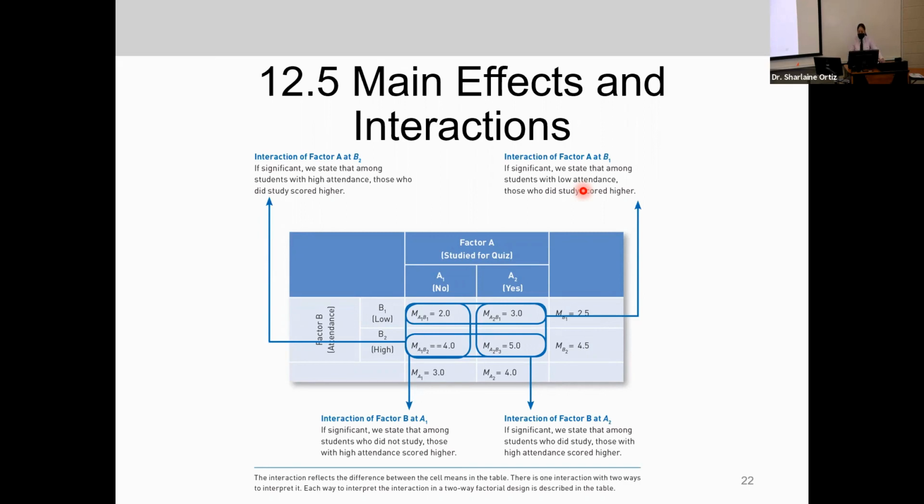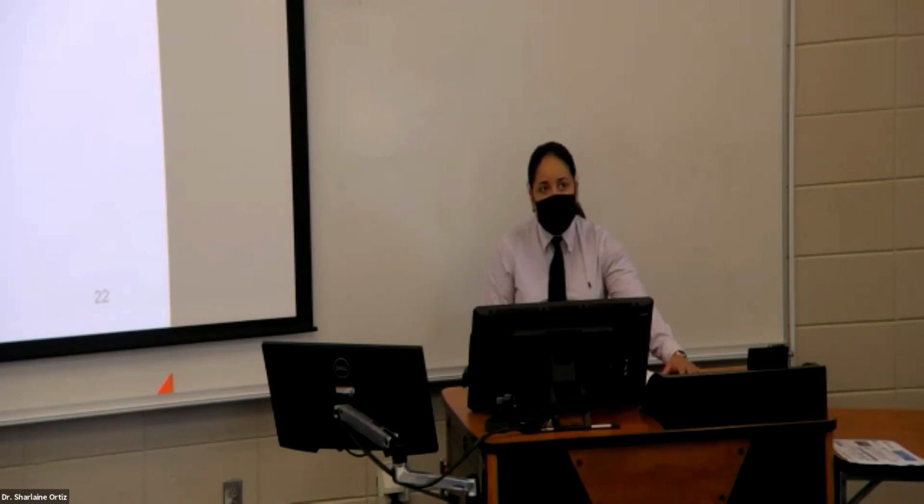Notice that contrary to our previous table and illustration, now I'm not looking strictly at factor A and factor B. Now, what I am looking for is if my factor is dependent upon or influenced by a specific level.